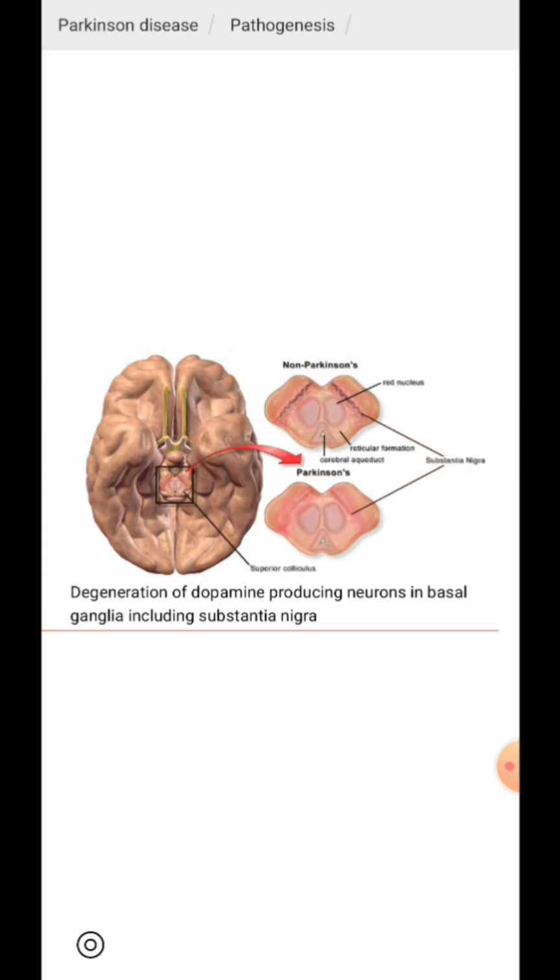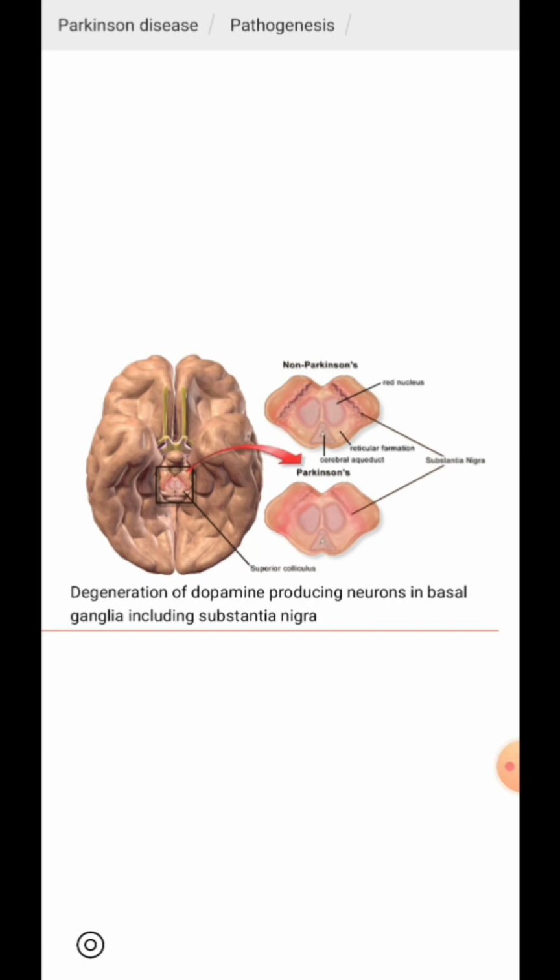In Parkinson disease, there is degeneration of dopamine producing neurons in the basal ganglia, including the substantia nigra. As you can see in this image, in normal patients the substantia nigra has its own dark color, but in Parkinson patients there's neurodegeneration, so the color is reduced.